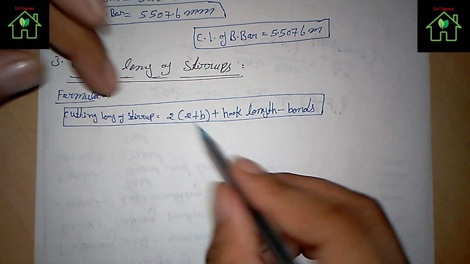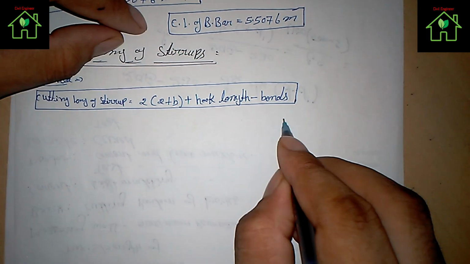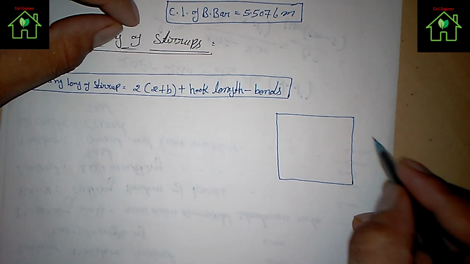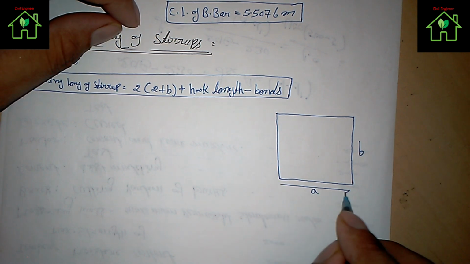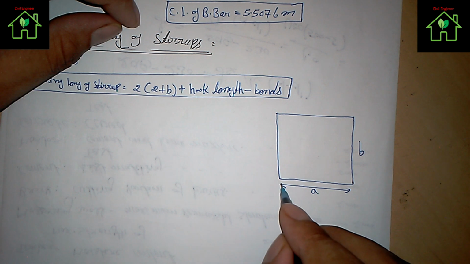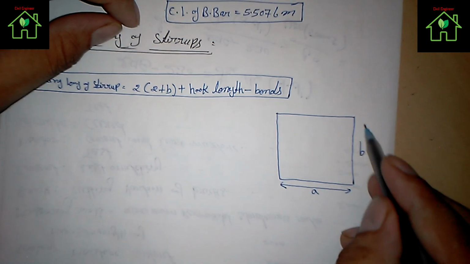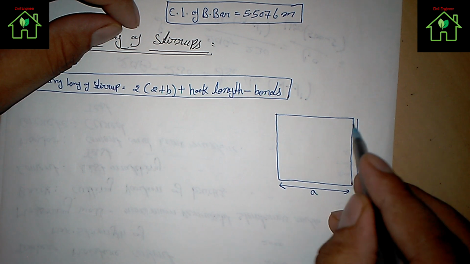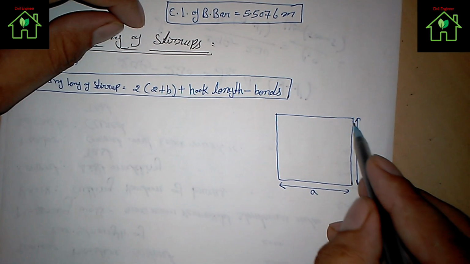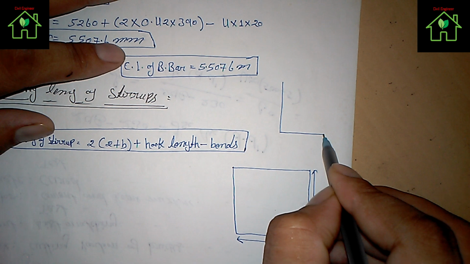So what are a and b? We are going to go into detail. This is b and this is a. Sorry, I'm making the diagram here.